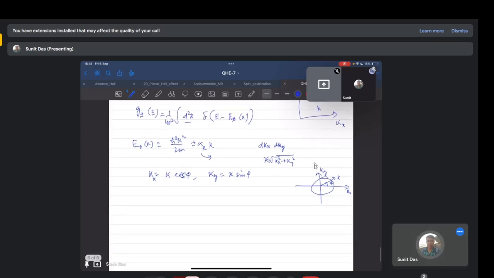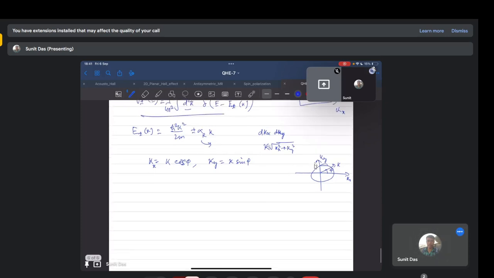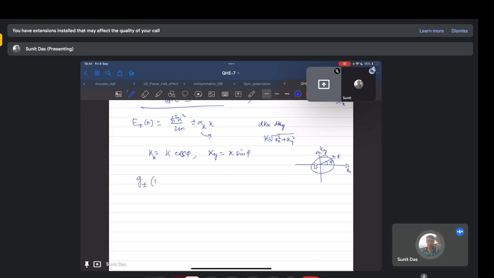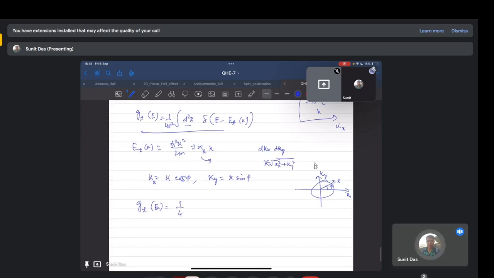Since this expression is symmetric in the polar angle, we can directly write g plus minus of E by just converting from Cartesian coordinates to polar coordinates. In polar coordinates, the area element becomes k dk d phi, and delta of E minus E plus minus of k, right?